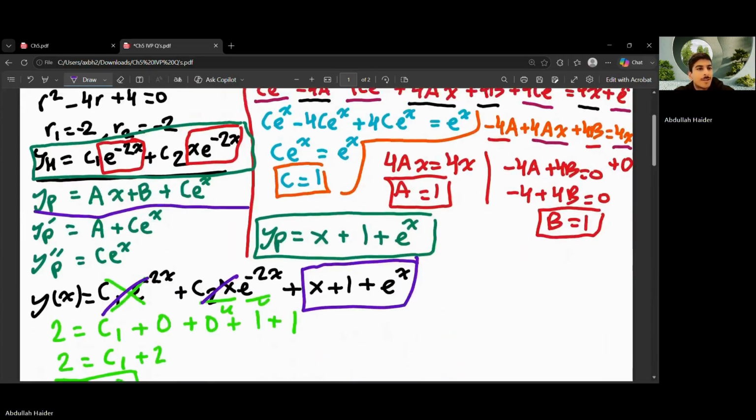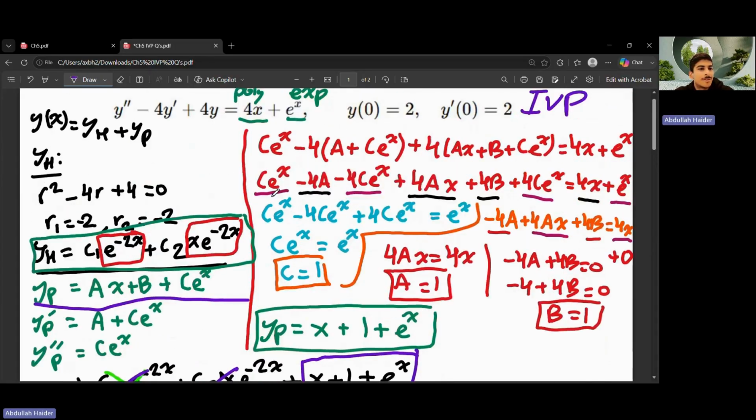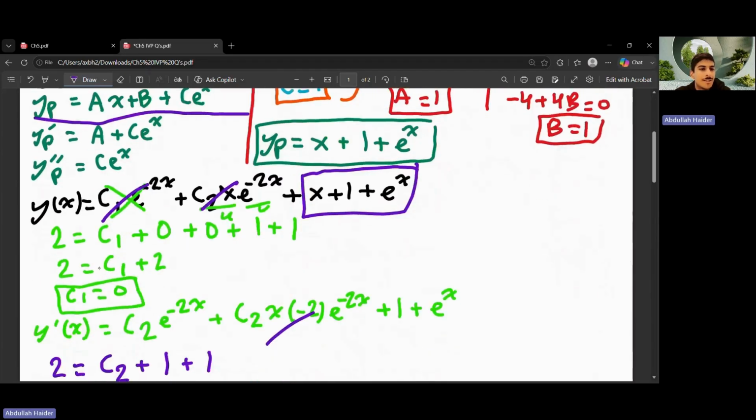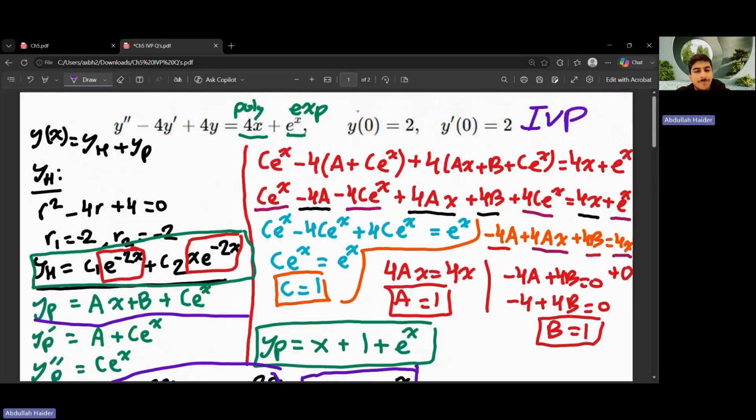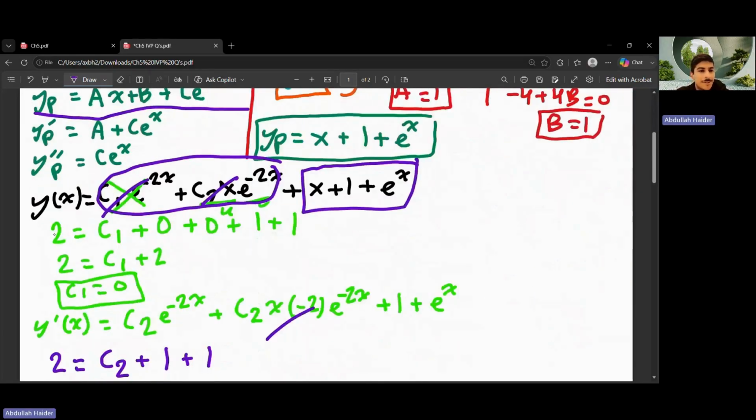And the next part is to add up the homogeneous and the particular into one equation. So this was our homogeneous, this was our particular, and then to find C1, you apply the initial condition.